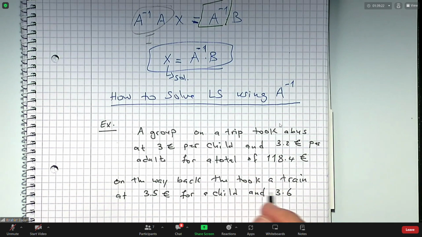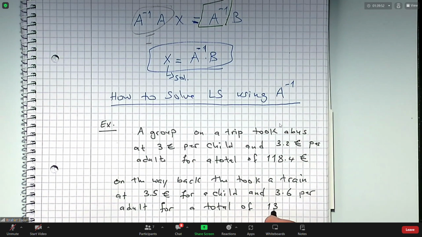Of course, here when we're talking about currency, it's 60, 20, 30, but I just work with numbers with one decimal here because the zero you can, of course, just cancel. So per adult for a total of slightly more here, 135.2.